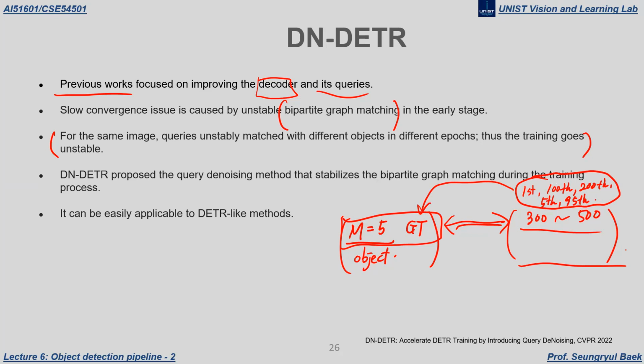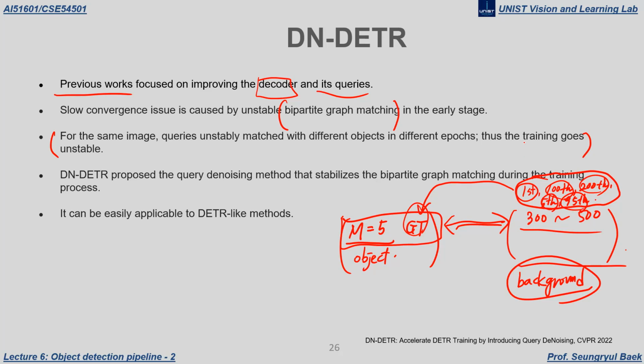Then we will apply MSE loss for these object query outputs to make them close to the ground truth. Okay. And for the rest, we will apply loss to make them close to the background. Okay. This happens during the DTR training.